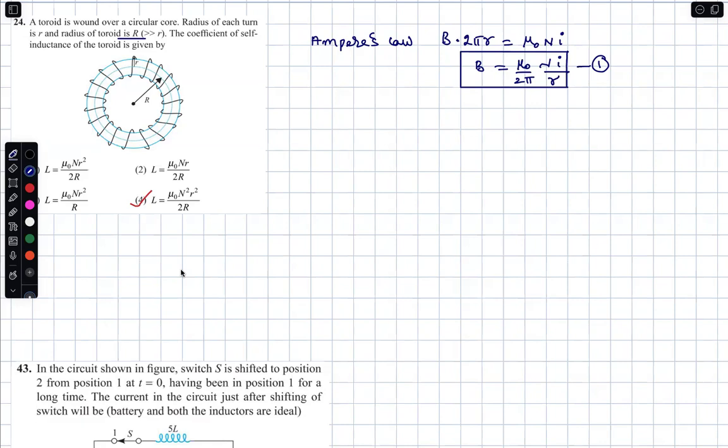Pi cancels. So the total flux is mu naught n square r square by 2 times capital R times I. So the self-inductance is mu naught n square r square by 2 times capital R.